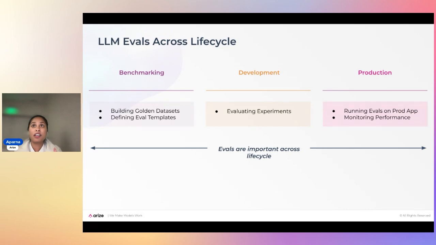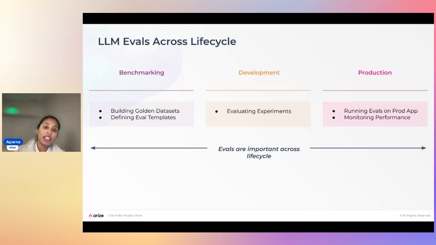They start to iterate on the prompt, swap out the model, or swap out what they're doing for the retriever. Every time they make modifications, they want to rerun those evals to make sure that the experiment did better or worse than prior.